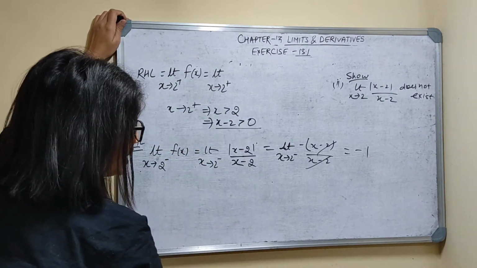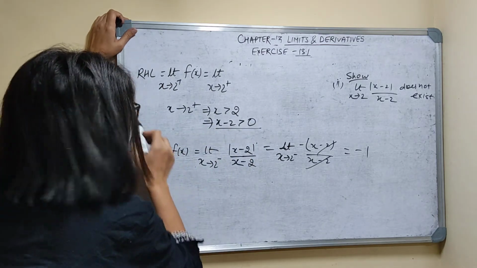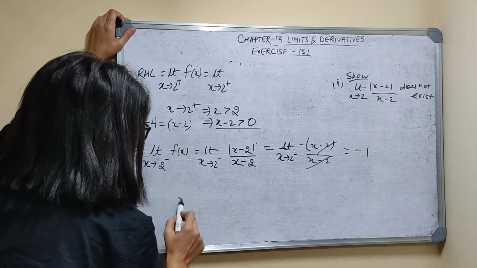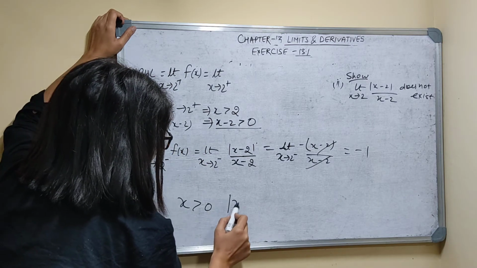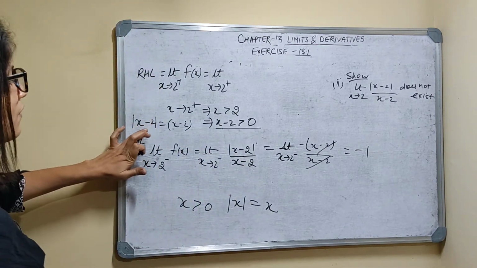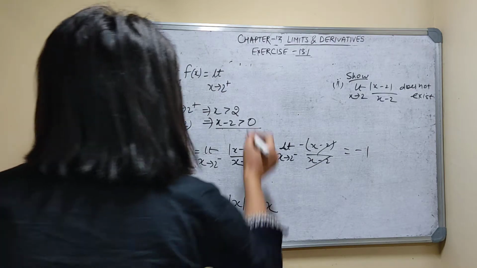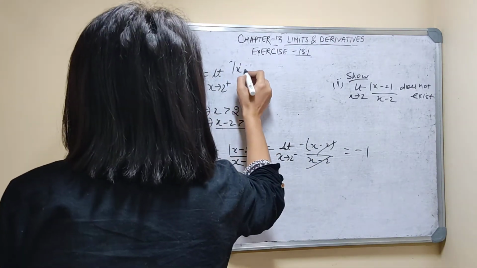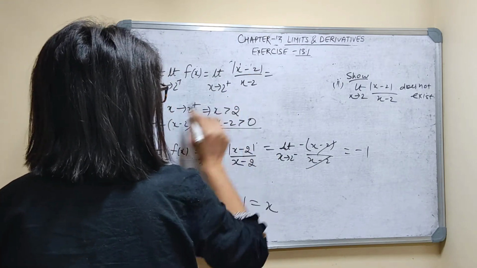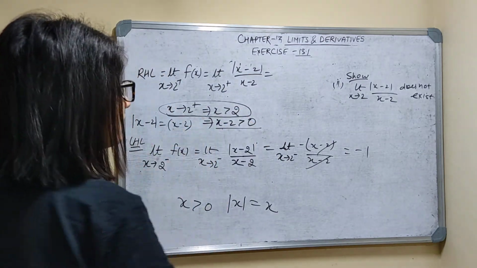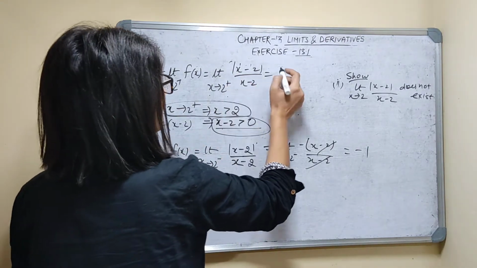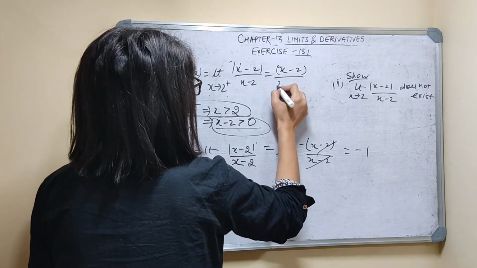If x minus 2 is greater than 0, it means it is a positive number. So mod of x minus 2 is equal to x minus 2, because I told you when x is greater than 0, mod of x is equal to x. That's why if x minus 2 is greater than 0, then mod of x minus 2 is equal to x minus 2. So mod of x minus 2 upon x minus 2 is equal to x minus 2 upon x minus 2.